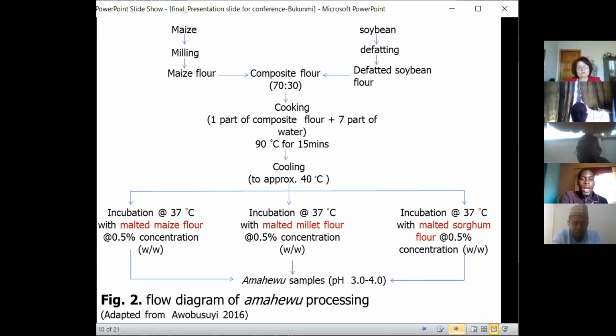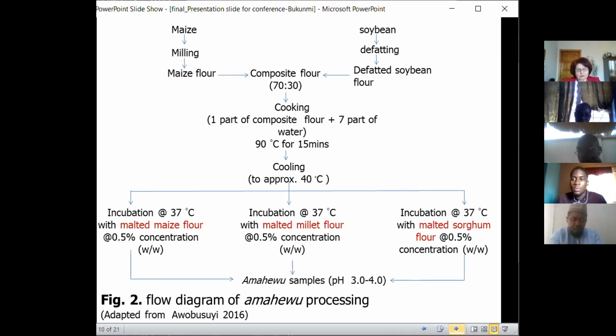In this study, we are using 3 different inoculum, producing 4 samples: majorly the one without soybean addition, and 3 others with soybean addition, but inoculated with 3 different inoculum. As I said earlier, the maize is composited with soybean. That is 70% maize, 30% soybean.